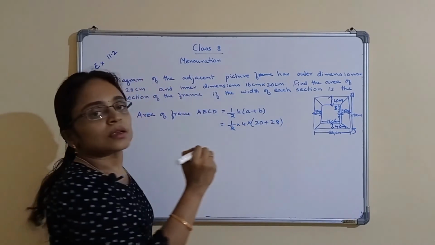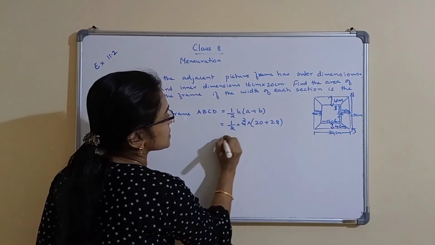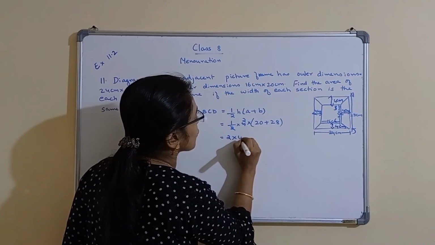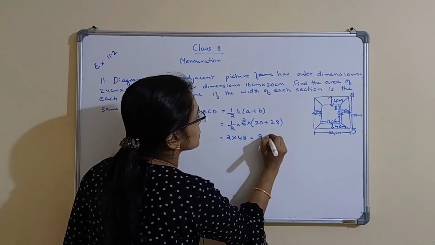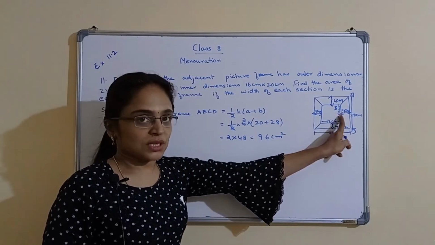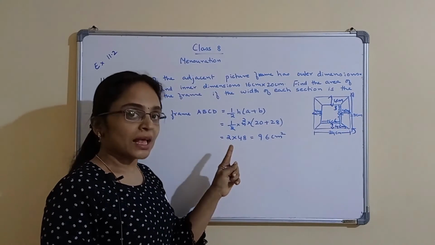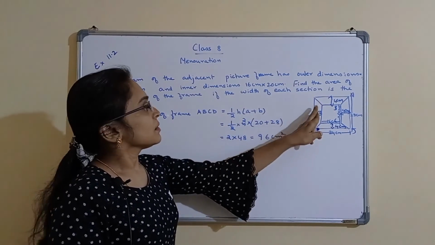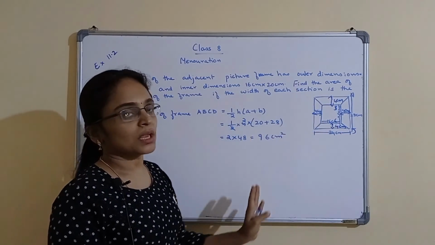That is 4 by 2 is 2. So 2 into (20 plus 28), that is 2 into 48, which is equal to 96 centimeters square. So this frame and this frame have 96 centimeters square as the area because these two have the same area.